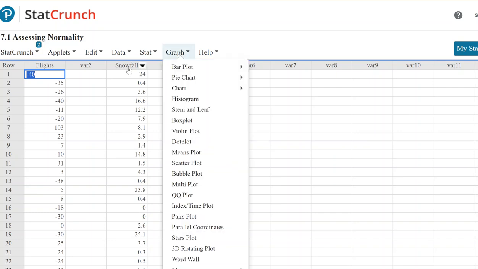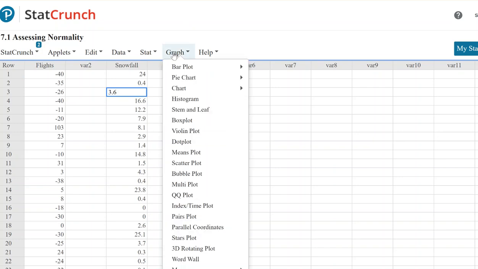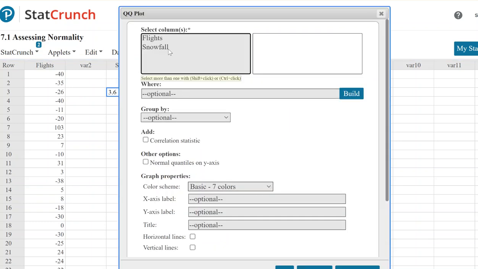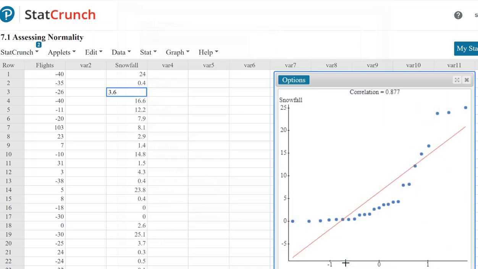We'll get rid of our calculator, we don't need that anymore. In this column for snowfall is the information that we're interested in, and we're going to go to Graph, scroll all the way down to what's called QQ plot. We're looking at the snowfall column, and we want to add that correlation statistic. That's really all we have to do here in StatCrunch, except hit the Compute button at the bottom.